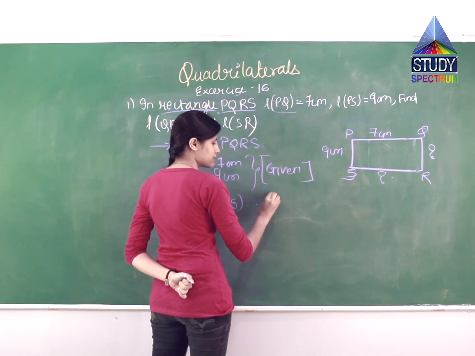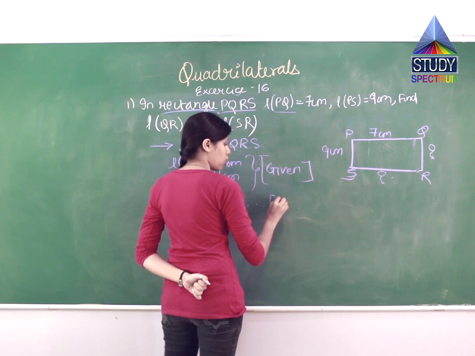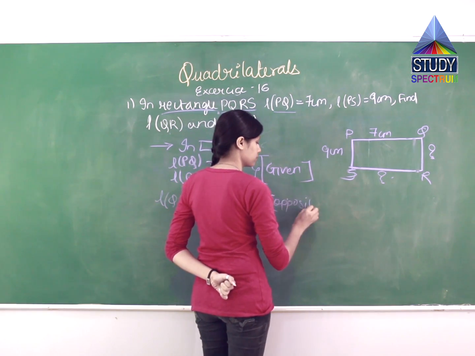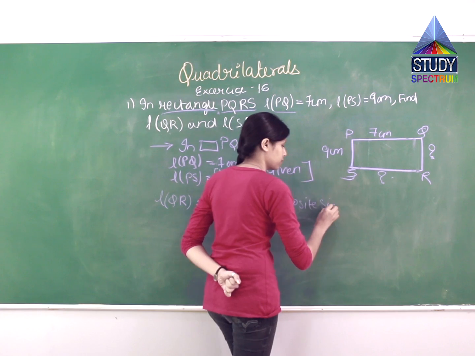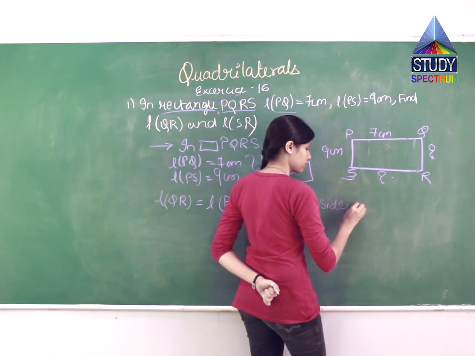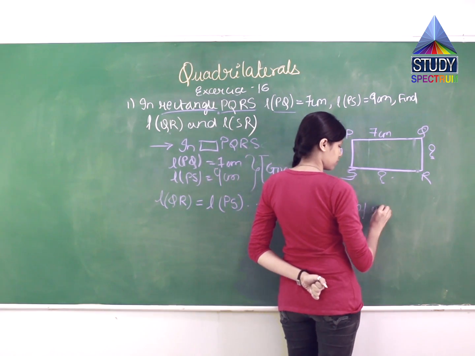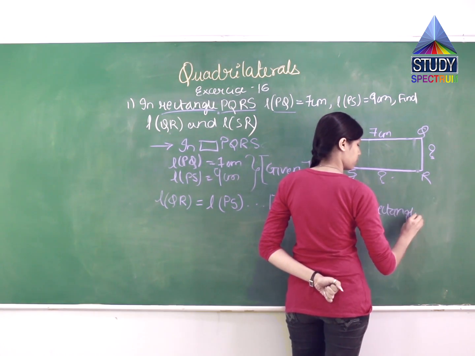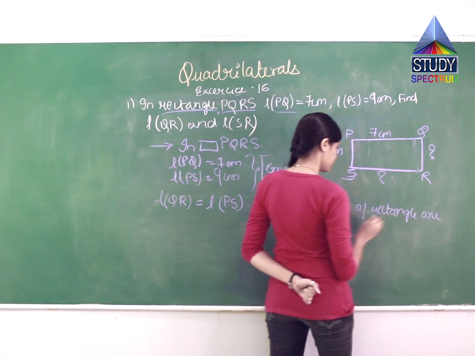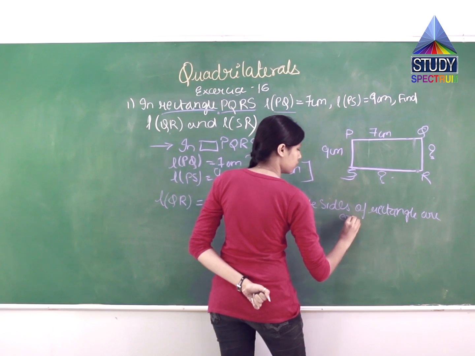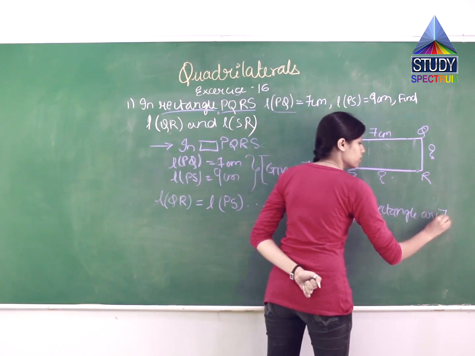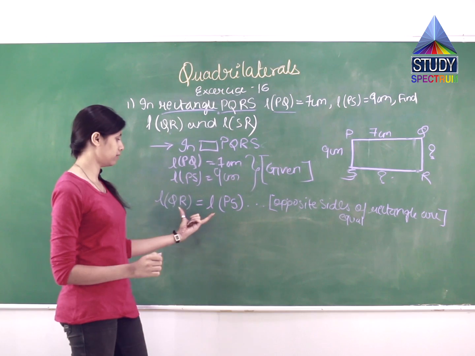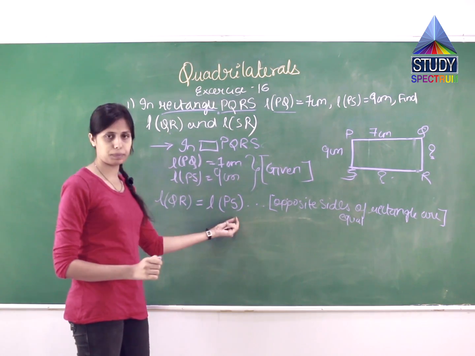You have to write the reason in the bracket, which is opposite sides of rectangle are equal. So this is the reason why you have written this statement, which is QR is equal to PS.